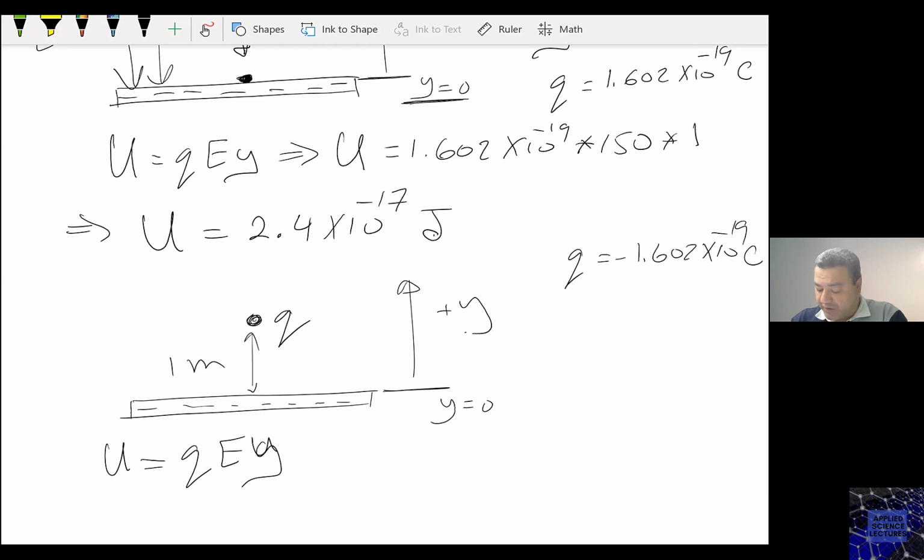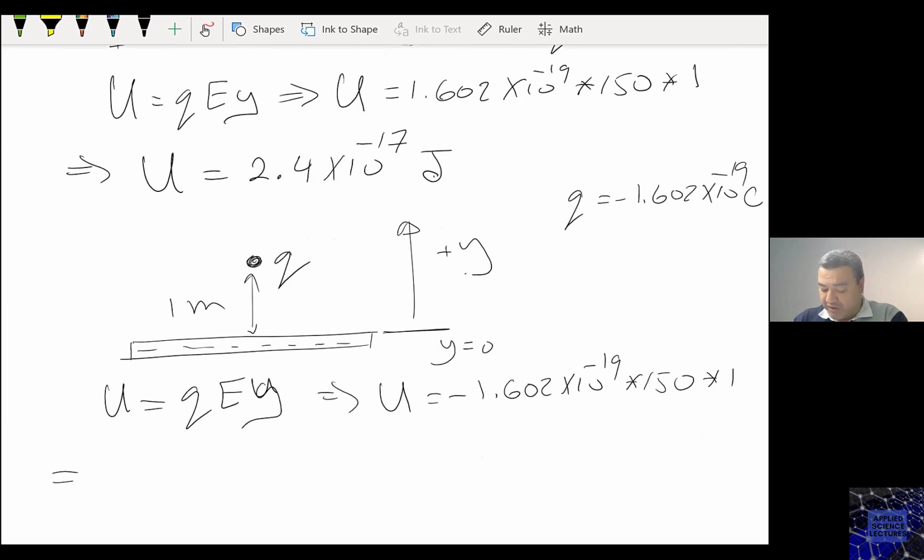So here I have U is minus 1.602 times 10 to the power minus 19 times 150 times 1, and the electric potential energy in this case becomes minus 2.4 times 10 to the power minus 17 joules.